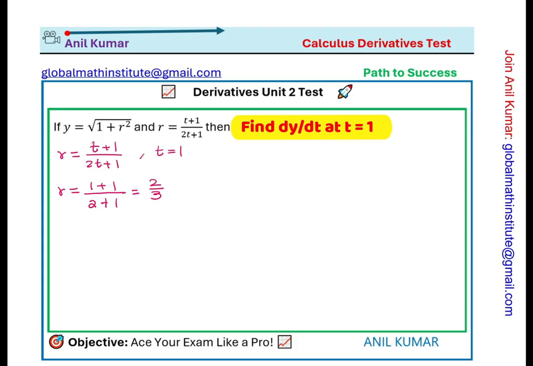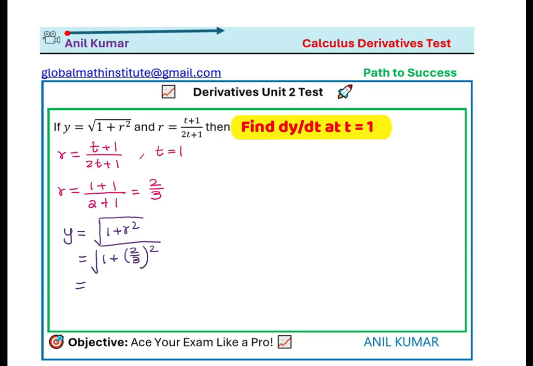Correct? Now, if that is so, what is y equal to? Let's figure this out also. y is the square root of 1 plus r squared, which is the square root of 1 plus (2 over 3) squared. Now, (2 over 3) squared means 4 over 9, right?